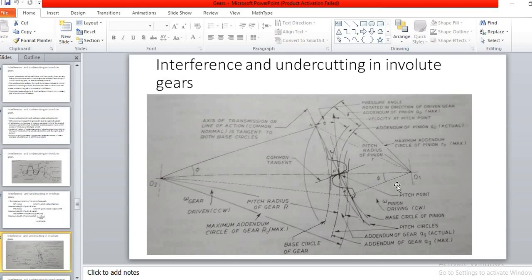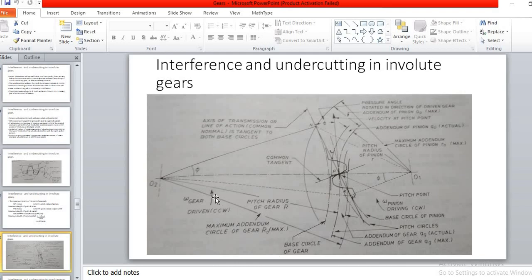The center O1 is for this gear, which is considered as a pinion. This gear having center O2 is considered as a wheel or gear. Now these two gears are engaged.